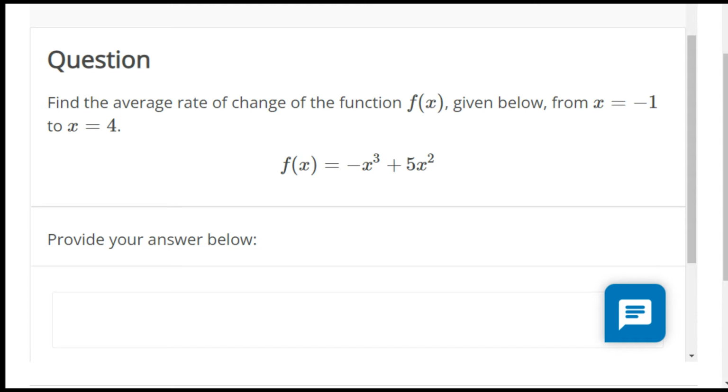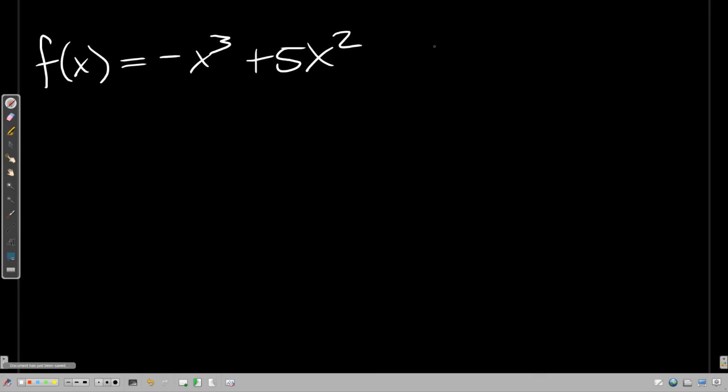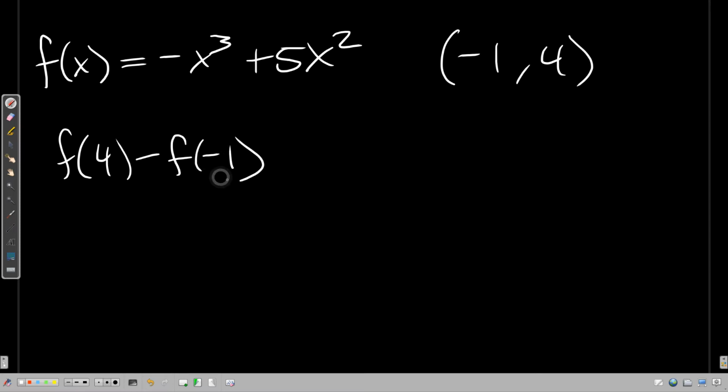Here's another function, and we got a couple numbers for our interval, minus 1 to 4. So we want f of 4 minus f of minus 1 over 4 minus minus 1. We're going to divide. Then f of 4 is going to be, well, 4 times 4 is 16, times 4 is 64.